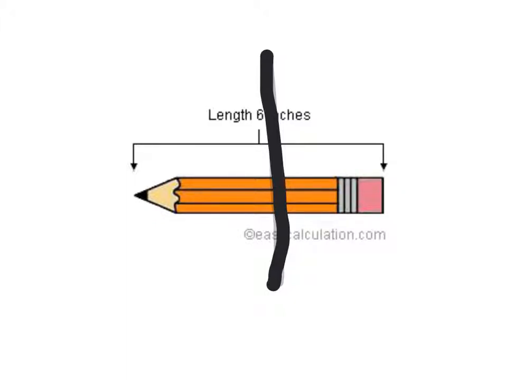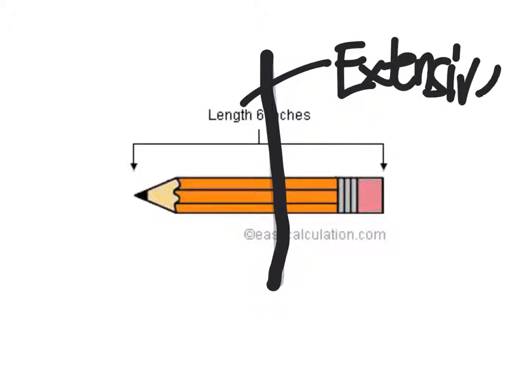You probably have an instant answer there. Yes, the value of the length will also change. This means that length is an example of extensive property because the value for length changes as you add or remove other parts.